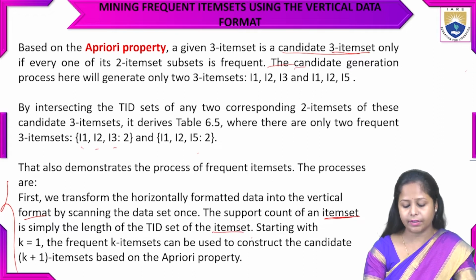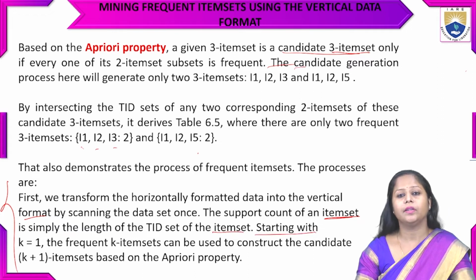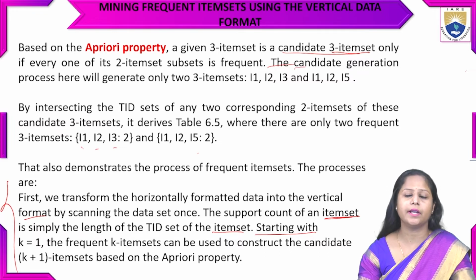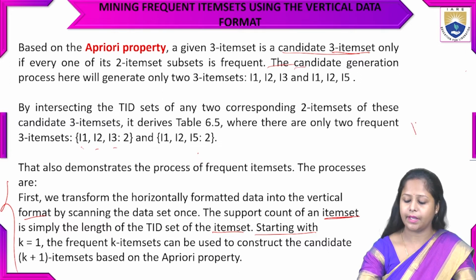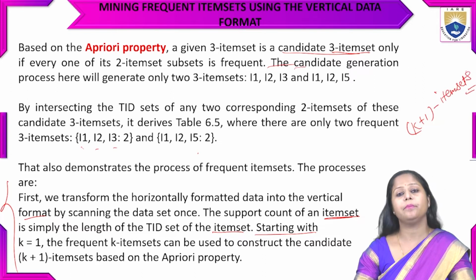Starting with k equal to 1, the frequent k-item sets can be used to construct the candidate (k+1)-item sets, based on the Apriori property.